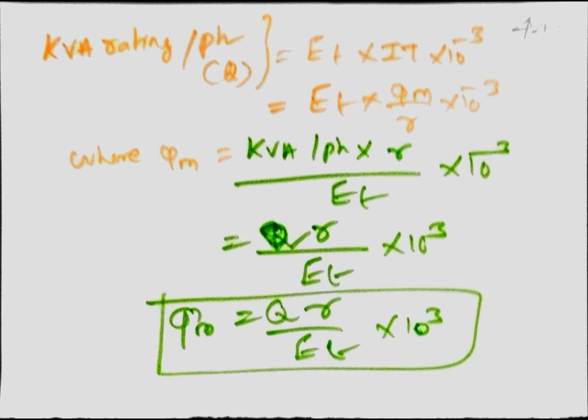That is Et into φm divided by r into 10 power minus 3, where φm is equal to kVA per phase into r divided by Et into 10 power minus 3. That is Q r divided by Et into 10 power 3. That is, the φm formula is equal to Q into r divided by Et into 10 power 3.